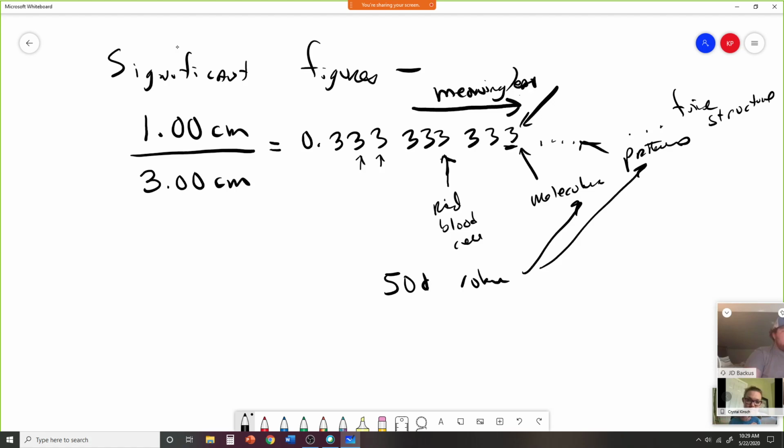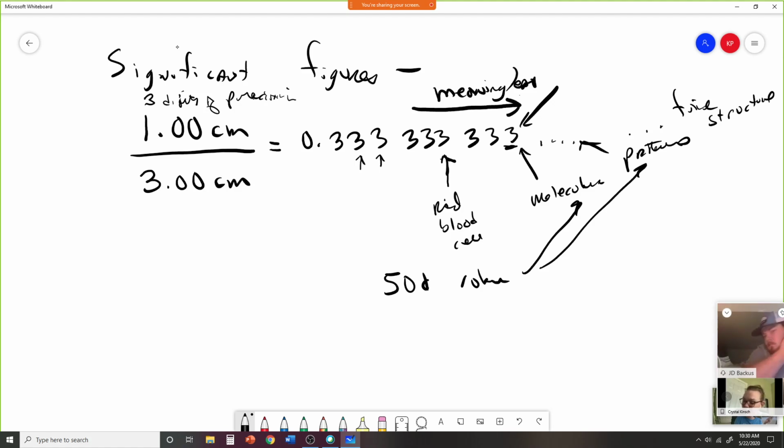You mean we could avoid spending $10 billion and all I have to do is pull out a 50-cent ruler? That would be great, but that's not the way it works. So somewhere out in here it's meaningless. So we have to decide where to cut it off. And what we're going to say is that we have 3 digits of precision here.